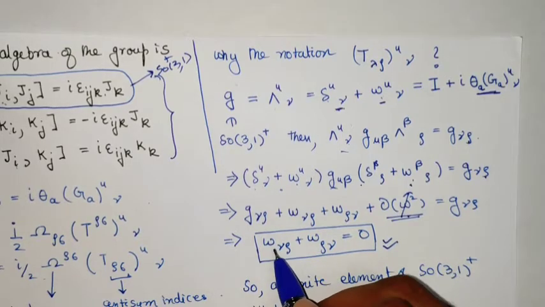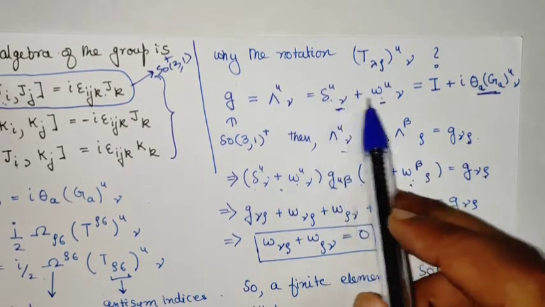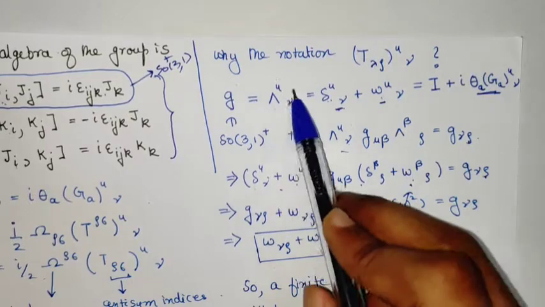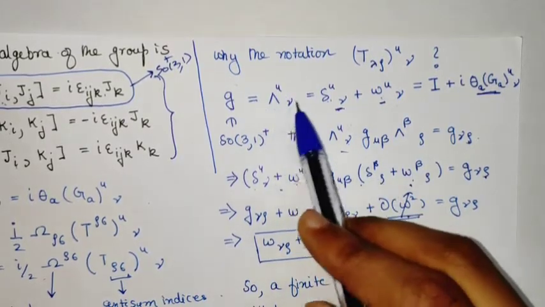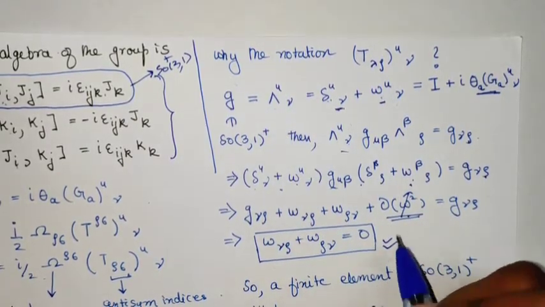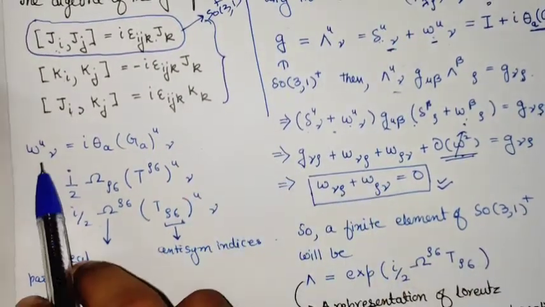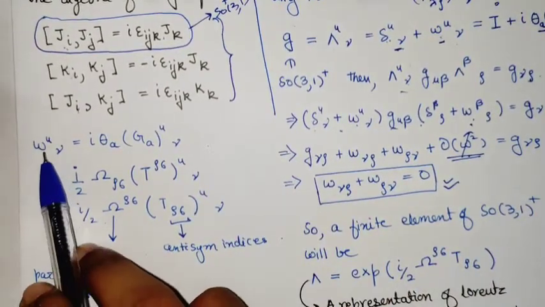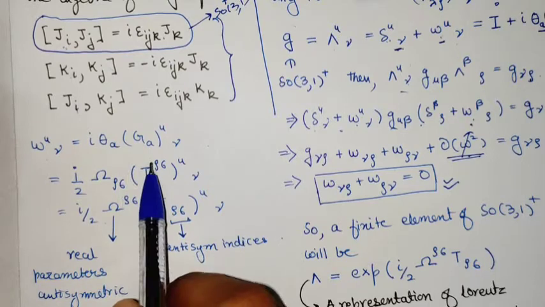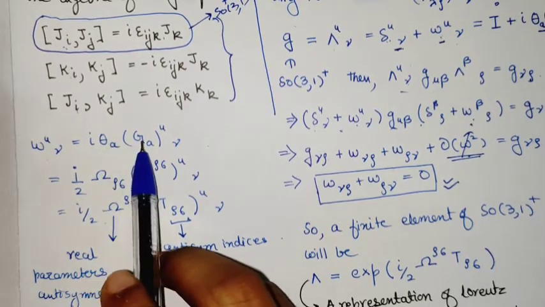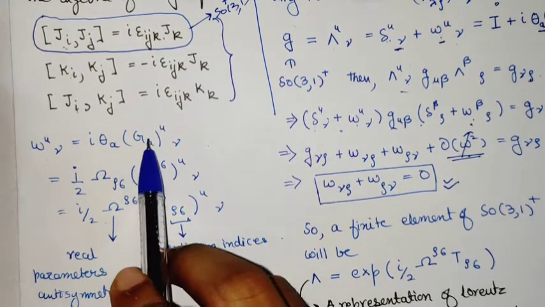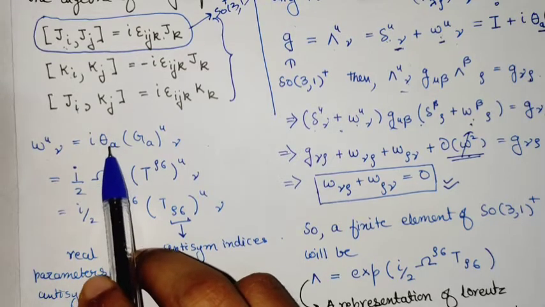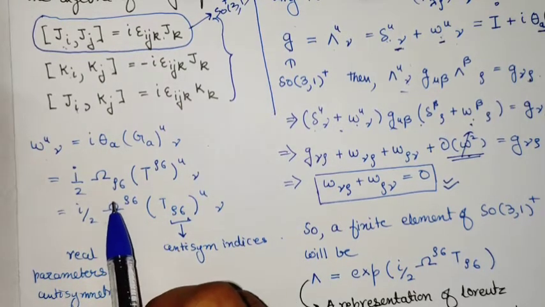This anti-symmetric omega is the first order expansion of a Lorentz group element, and it can be written in particularly this form that we were discussing. These are the J and K's, and these are the parameters, boost and rotation.